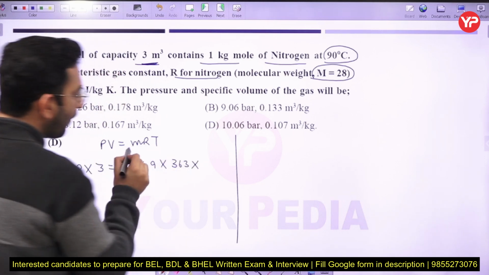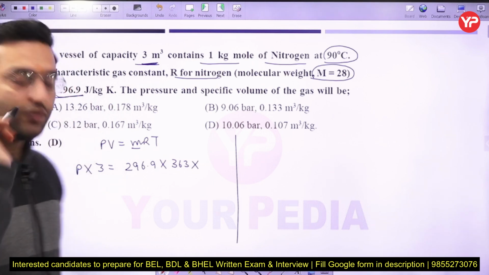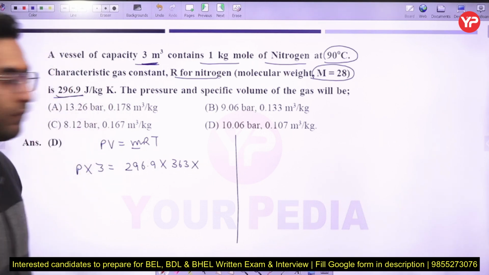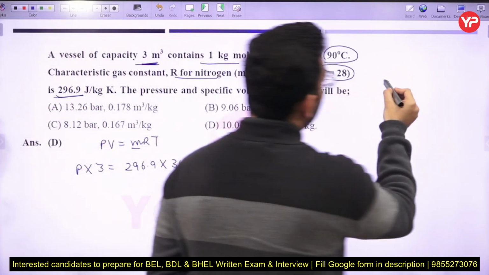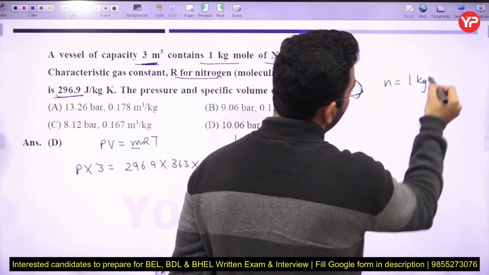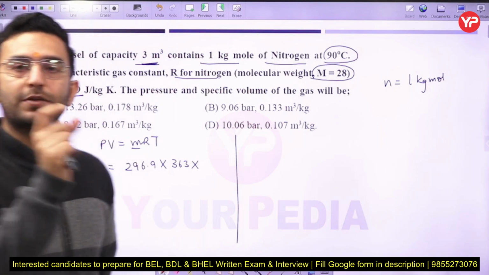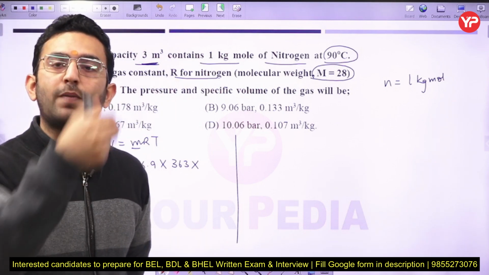Now you have to put in the value of the mass. The mass is not given in the question. If you read the question very carefully, it has been provided that the number of moles is equal to 1 kilogram mole. What is the meaning of mole here? Actually, 1 mole of a substance represents the amount of mass itself.